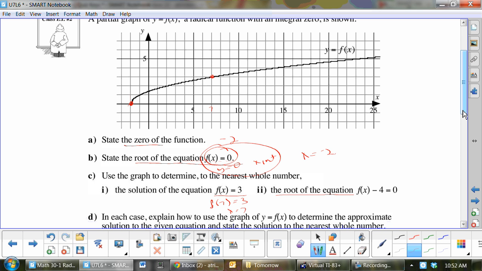Anyone give me any way that they would go about this? Move the 4 over, f of x equals 4. When does f of x equal 4? F of 14. Okay, so I'm talking about this point right here. So x equals 14.